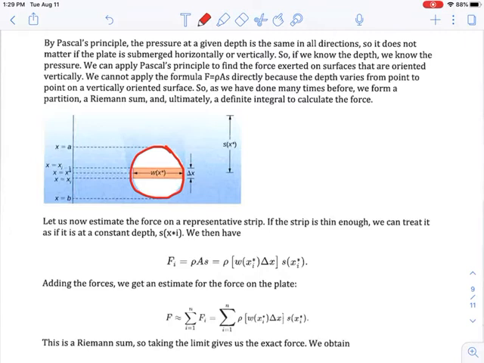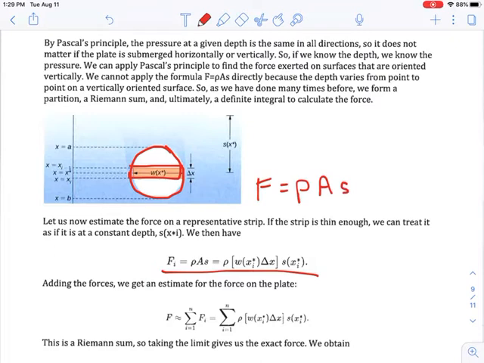So we're going to do a real quick development. We're breaking this circular plate down into a bunch of little slabs or rectangles. Remember that force, F, is the density times the cross-sectional area times the depth.